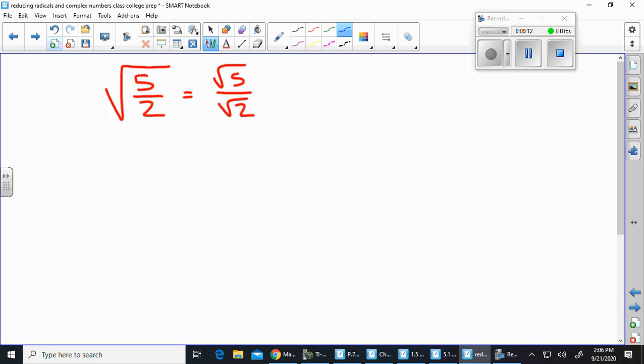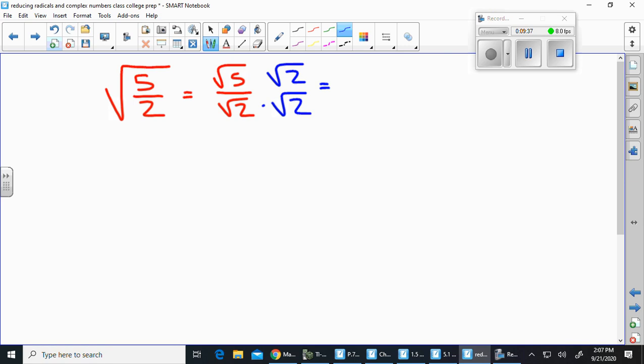So if it's a radical by itself, a monomial, you don't really have to use the conjugate. You just multiply by itself. So if I choose to multiply the bottom by square root of 2, I have to also multiply the top by square root of 2 because I learned that a long time ago. Whatever I do to the bottom, I do to the top.